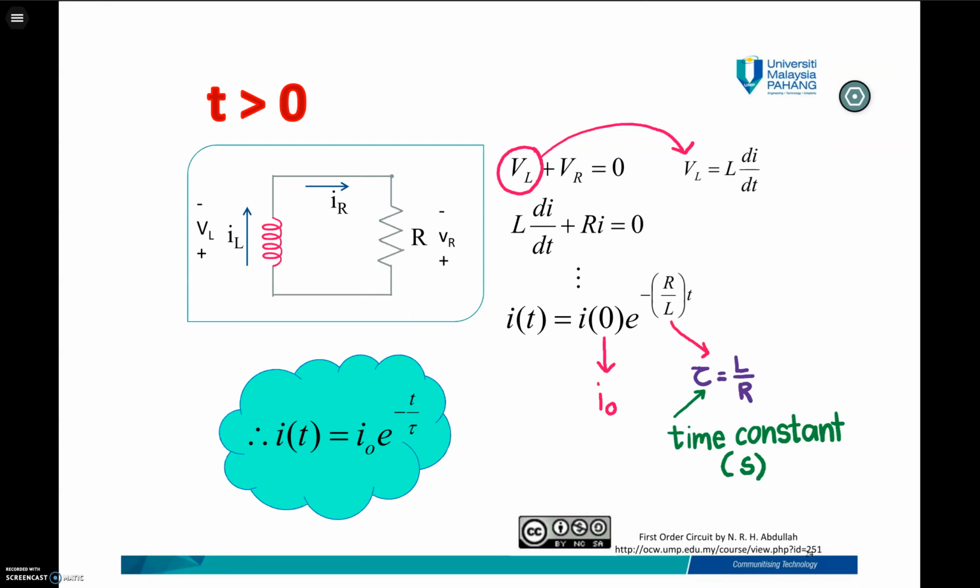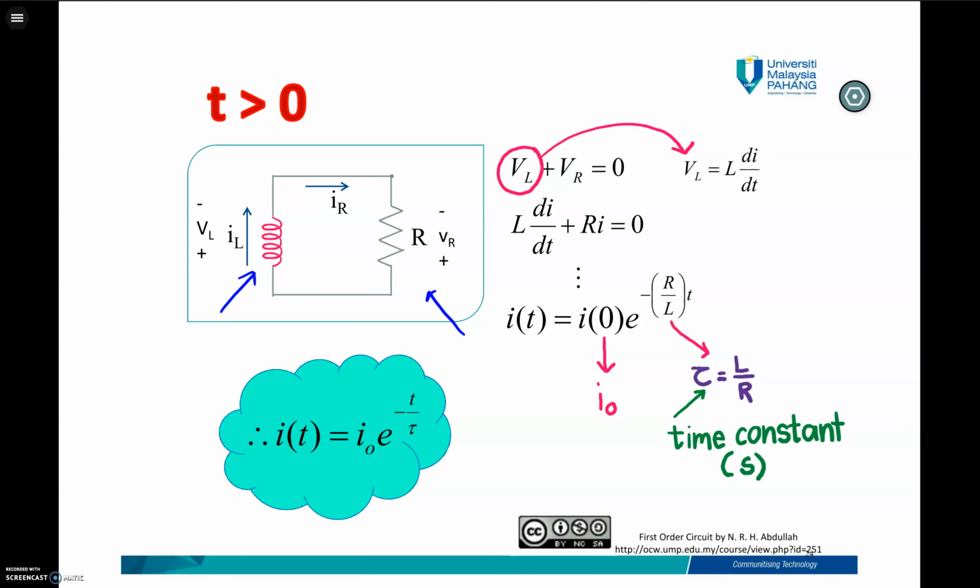The circuit when t is more than 0 only consists of L and R. Use KVL and apply it in the circuit, and then substitute the VL into the circuit. The details of the calculations to determine the variables of i(t) can be referred to the textbook, either Sadiku or Nelson's.